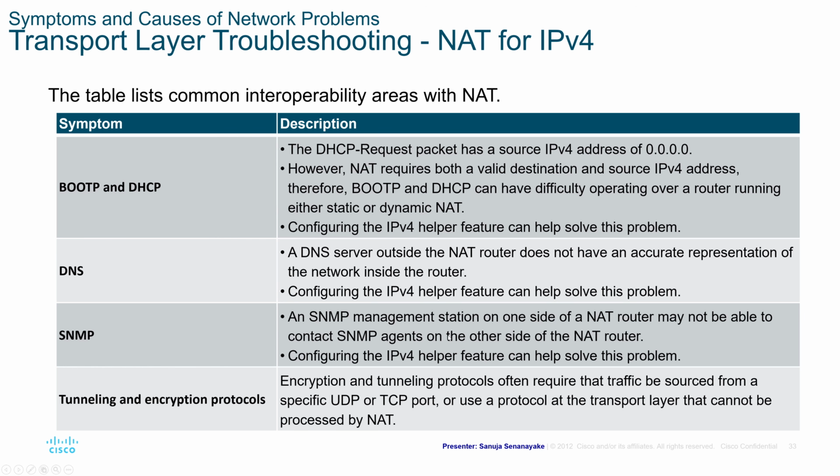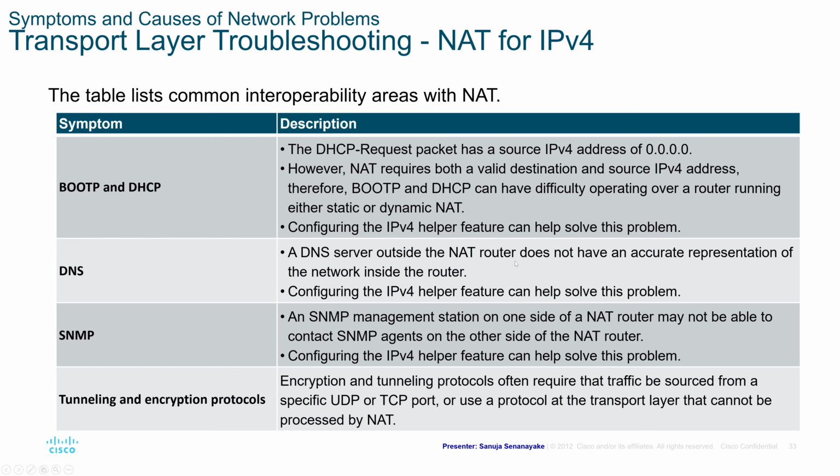An SNMP management station on one side of the NAT router may not be able to contact the SNMP agents on the other side of the NAT router, because NAT is basically separating those sites, right? So configuring the IPv4 helper feature can help solve this problem as well. Basically, the IPv4 helper feature acts like a middleman to connect those two sites in a NAT situation.